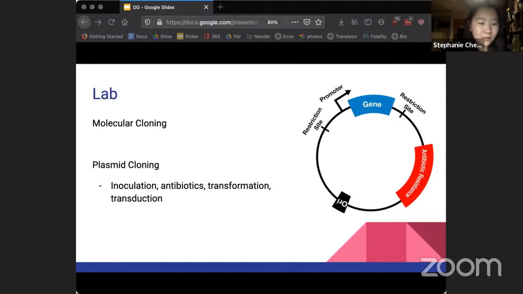They're typically used to clone and amplify expression of certain genes and can also be used in gene therapy, such as CRISPR Cas9. And you'll probably have to understand the processes it takes in a lab to do molecular cloning or plasmid cloning. So listed here are just a few processes or important steps that you should probably know that will show up on a designer genes test.